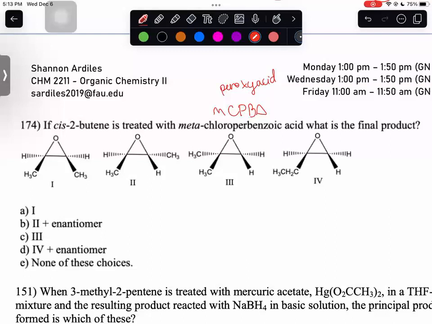I would quickly Google it if you want the structure of MCPBA. We trust Google. Give me a letter. What's the answer? Gamma.